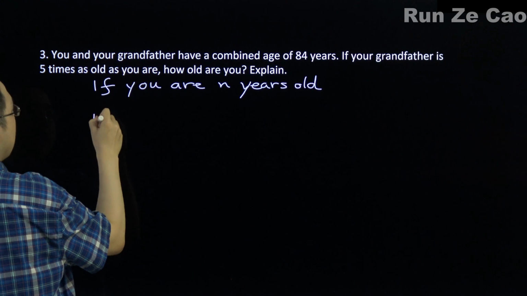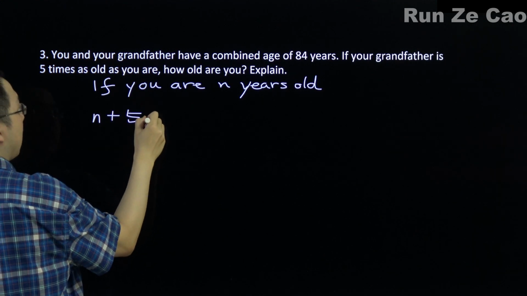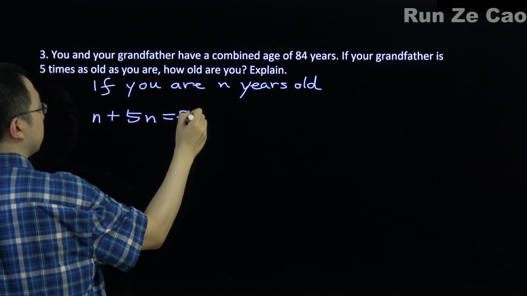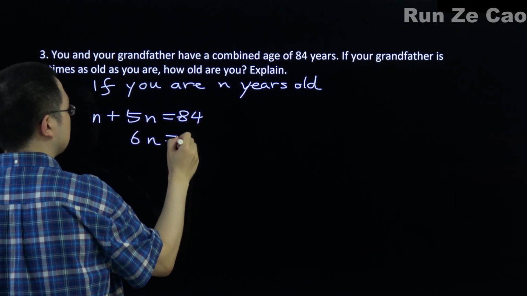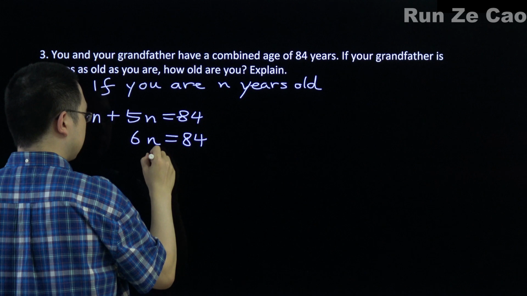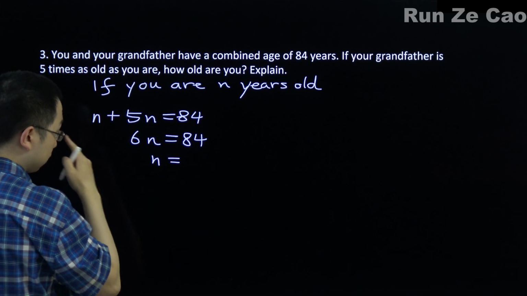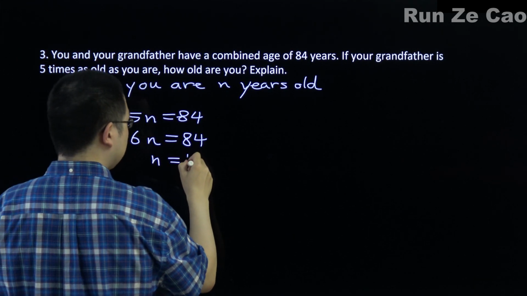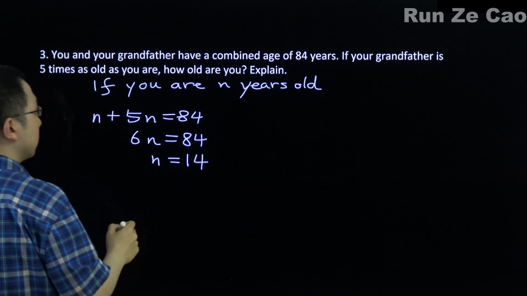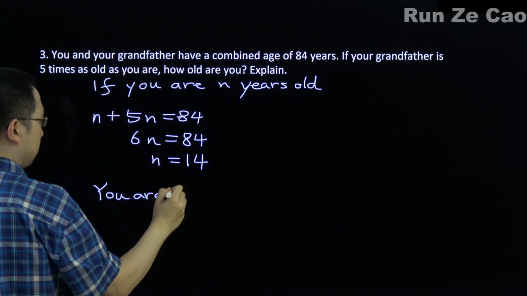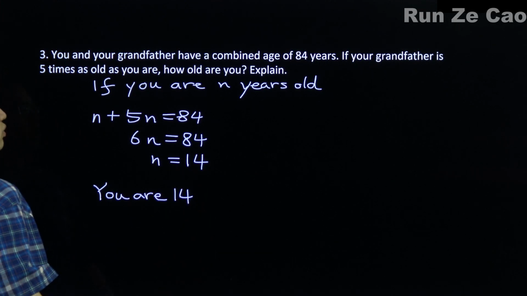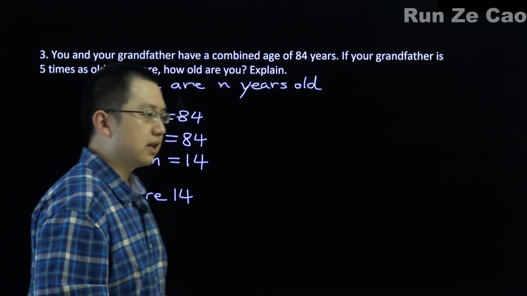That means n plus 5n equals 84. And so 6n is equal to 84. N is equal to, we divide and we get 14. You are 14 by use of algebra, and your grandfather is 70.